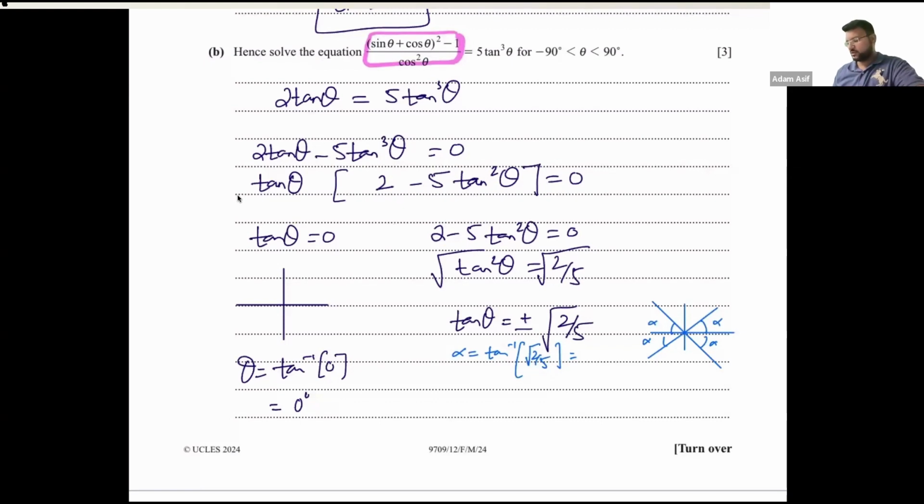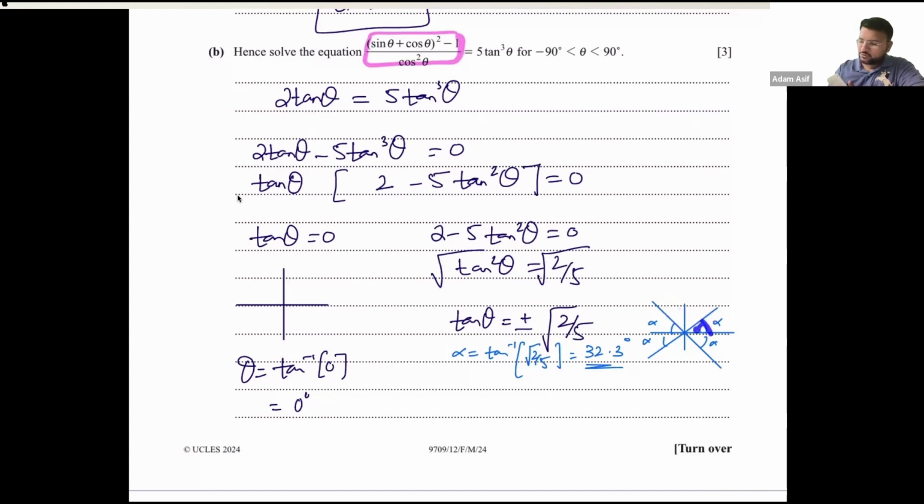We need it in degrees, not in radians. Tangent inverse of root 2 upon 5. I'm getting 32.3. 32.3. So what are the possible angles? What would this angle be? 32.3. Should I be taking this angle?